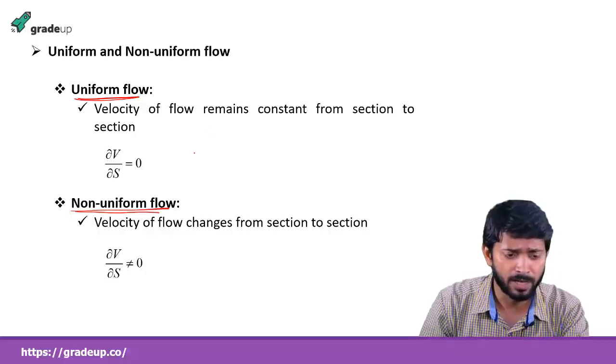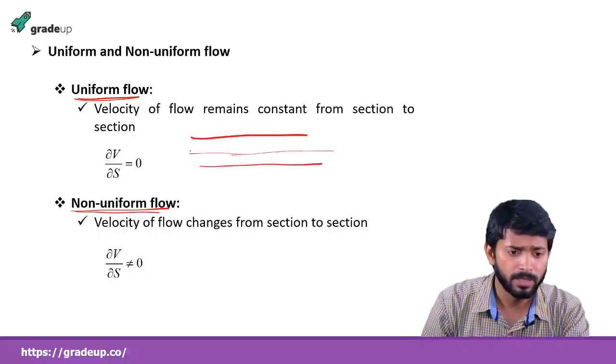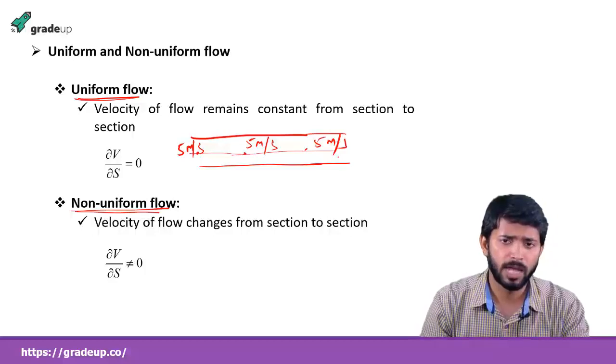Say taking one example, a uniform duct. If the velocity at this point is 5 meter per second, here the velocity is 5 meter per second, and here again 5 meter per second, we can say it is a uniform duct having uniform cross section.